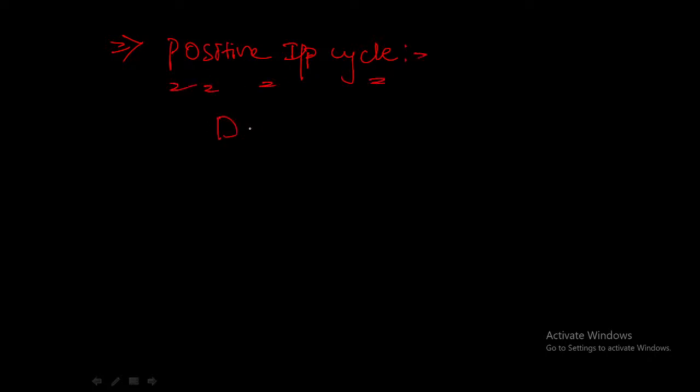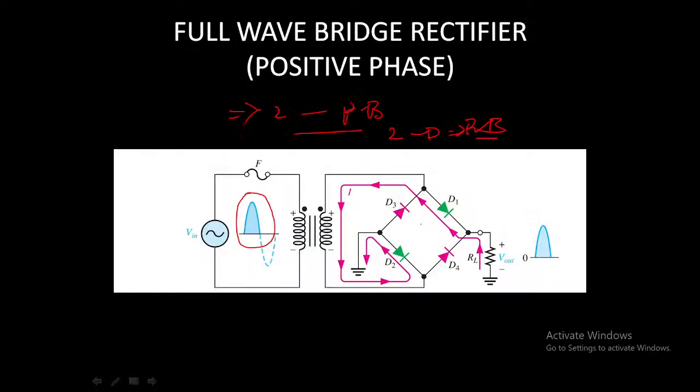When we have a positive input cycle, our D1, D2 diodes are forward biased, and the current will conduct through these diodes. In forward bias, the current will flow through D1 and D2.